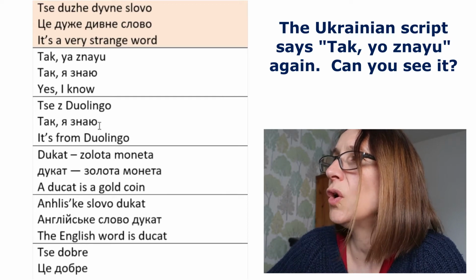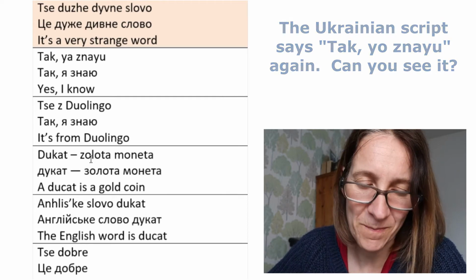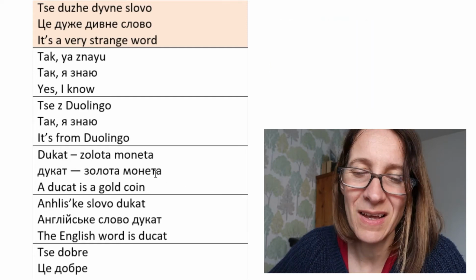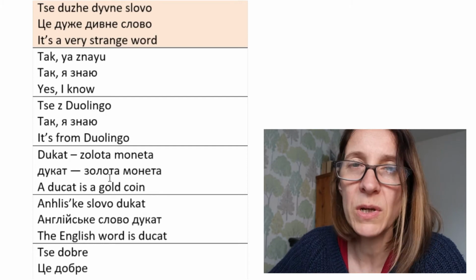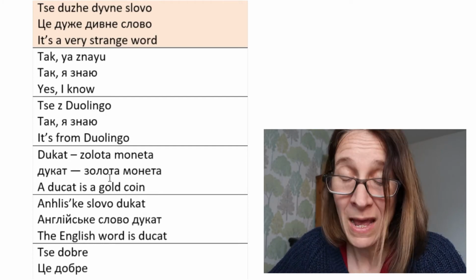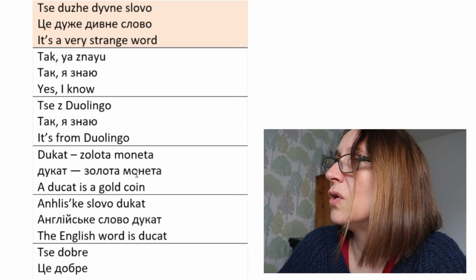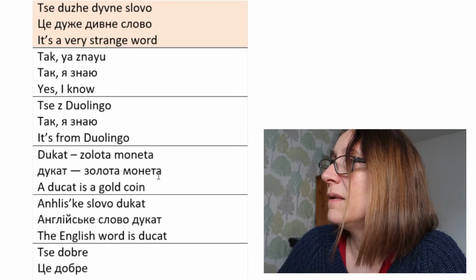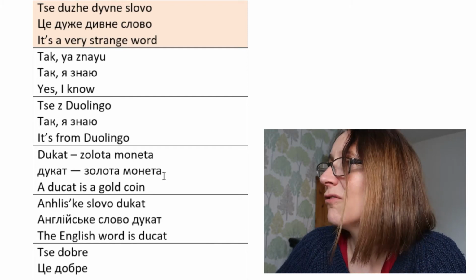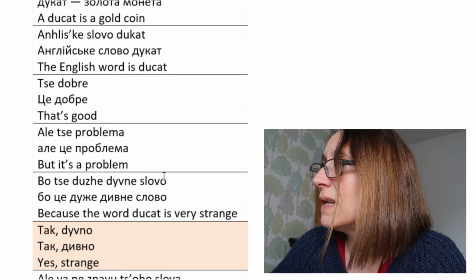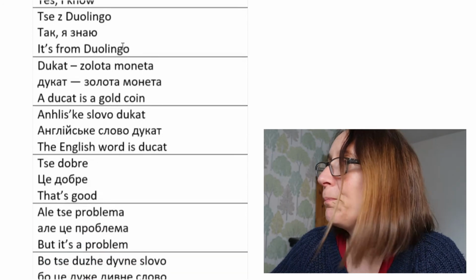Ducat. Zolota moneta. I like the word zolota. I think it reminds me of the Polish word for yellow or gold, and it means gold in Ukrainian. Zolota and moneta. Great. A coin is moneta. Ducat zolota moneta.